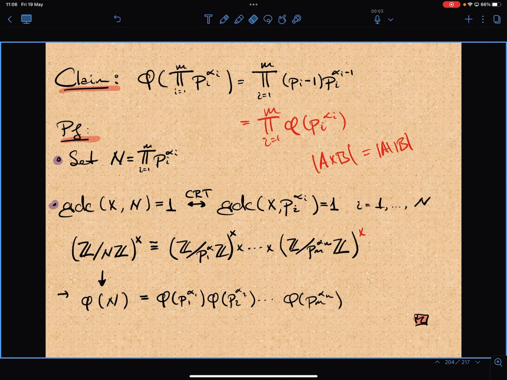And here, I don't think we need this for now. This is the argument of how we use the Chinese remainder theorem. n is going to be this number, which is a product of primes. So in particular, this is the prime factorization of some number n.